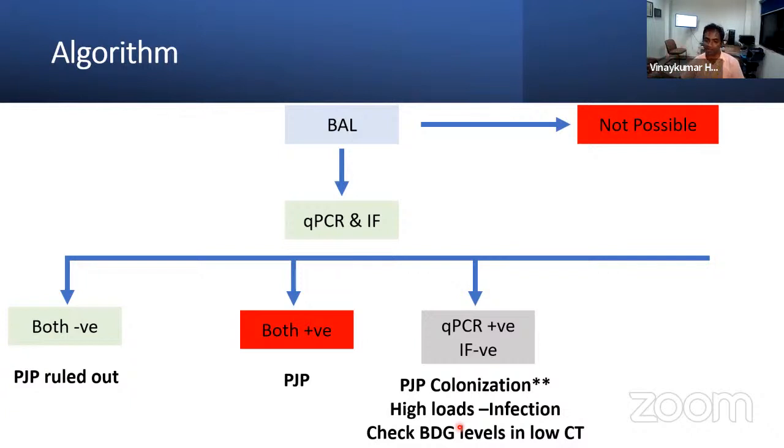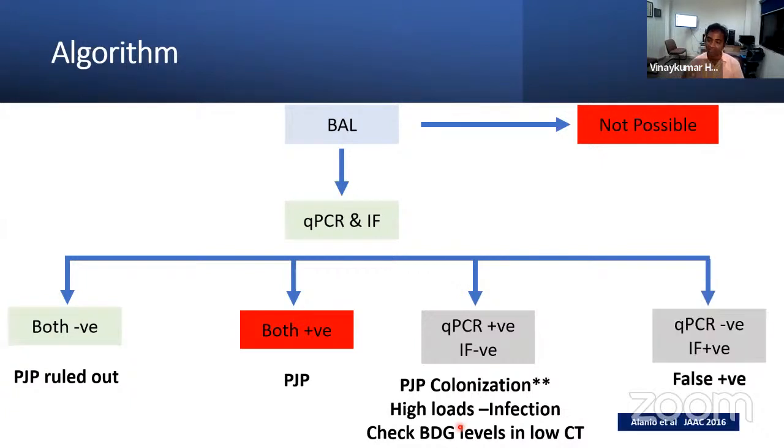Also look at other markers. If the patient has a moderate to high pretest probability, has high loads, and his beta-D-glucan levels are also increased, then in this scenario the probability that the patient has Pneumocystis pneumonia is increased. Finally, if your PCR is negative but your immunofluorescence is positive, then this is probably a false positive IF test.